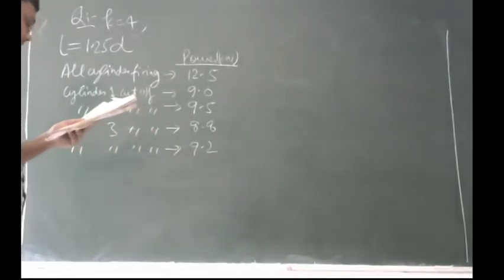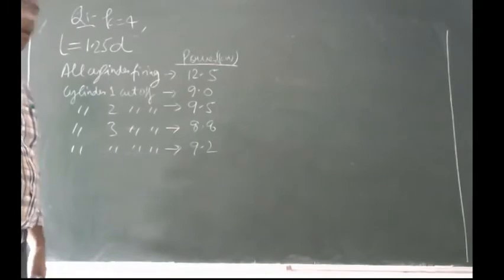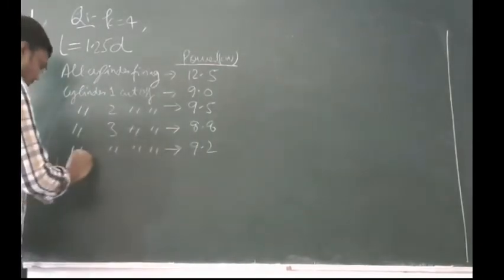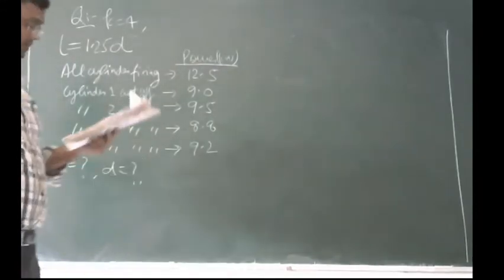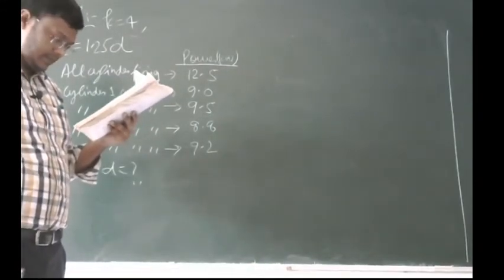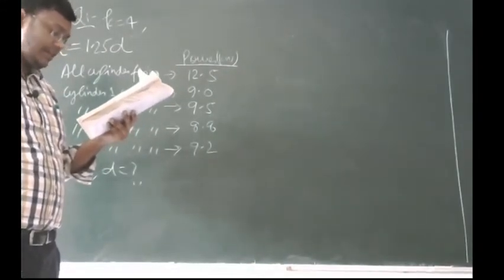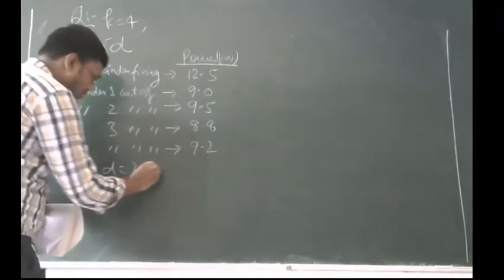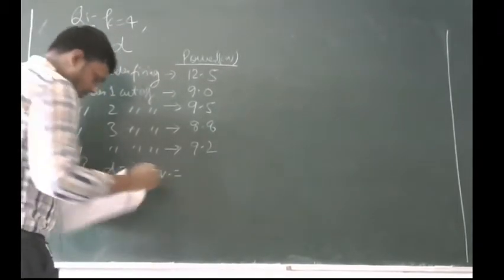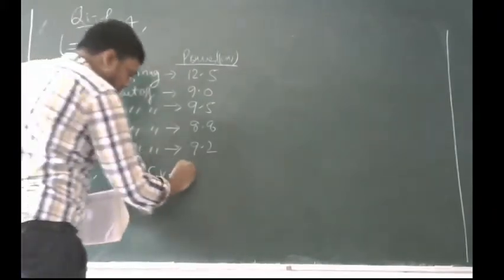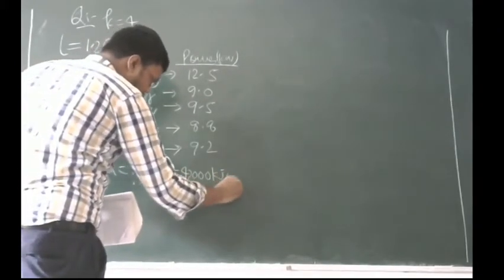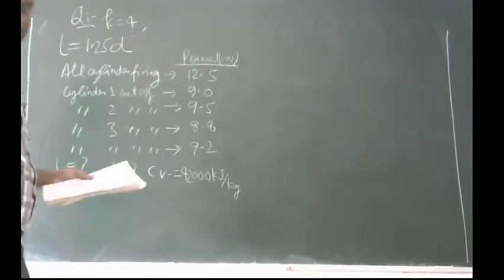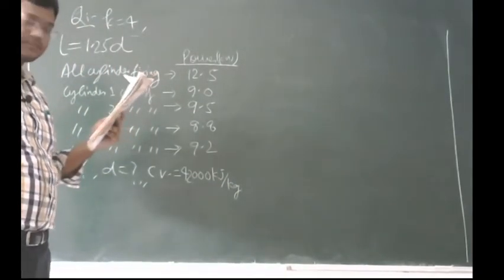Find L and D, means find the stroke length and cylinder diameter. The stroke length is asked in the question and cylinder diameter is asked in the question. Calorific value is given: CV is equal to 42,000 kilojoule per kg.